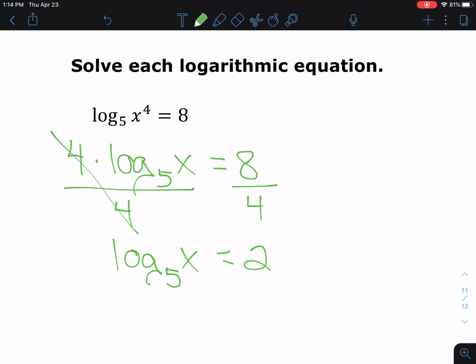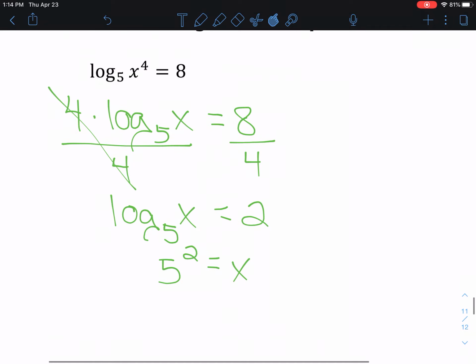Okay, so now that that logarithm is all by itself, now I can use conversion to exponential form. So I would say 5 to the second power equals x, and we know that 5 to the second power is 25, and there's my answer.